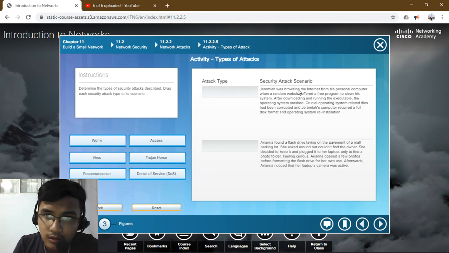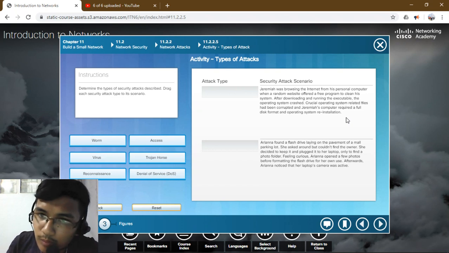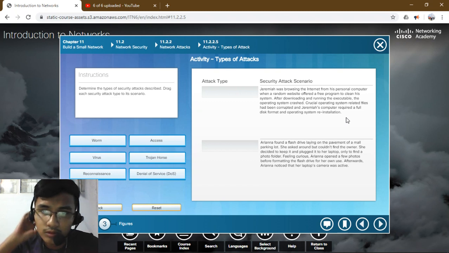Second figure. Jeremiah was browsing the internet from his personal computer when a random website offered a free program to upgrade the system. After downloading and running the executable, the operating system crashed.